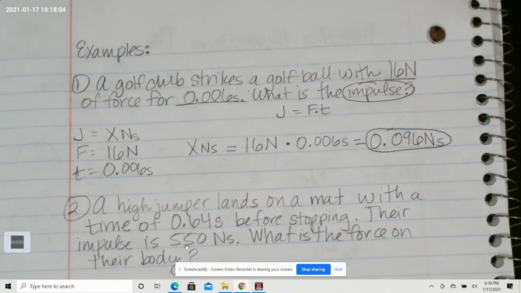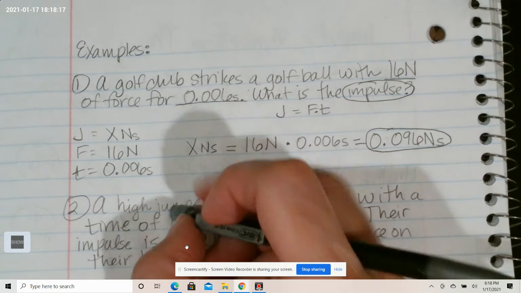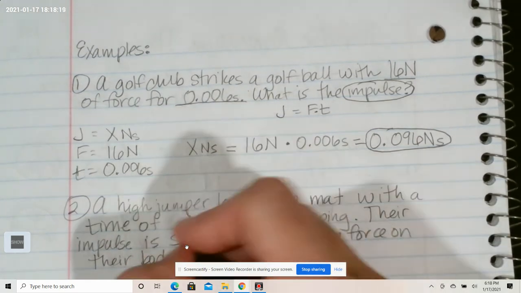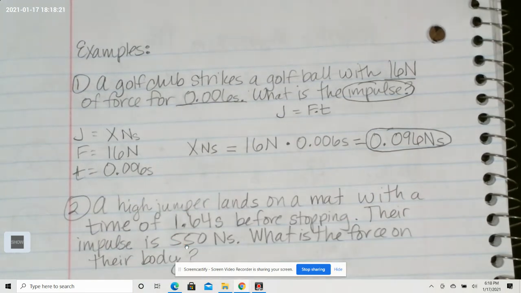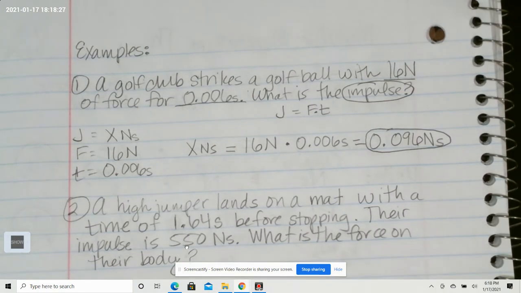Okay, never mind, it's not letting me pause it, but let me just do it really quickly before I write it down for you guys. Yeah, I did. This is 1.64 seconds. There we go. I was going to say that number looked funny when I wrote it down. I'm like, that's pretty short. 1.64 seconds. What is the force on their body? All right, back to where we're at.